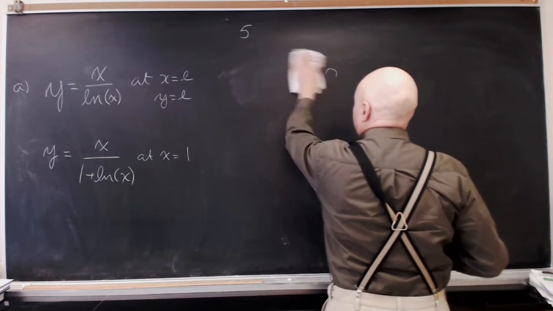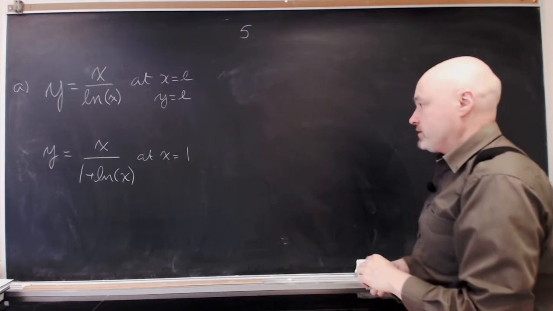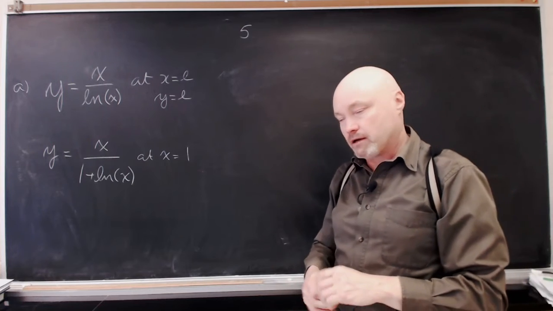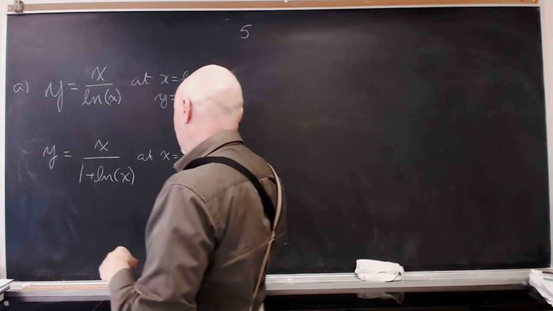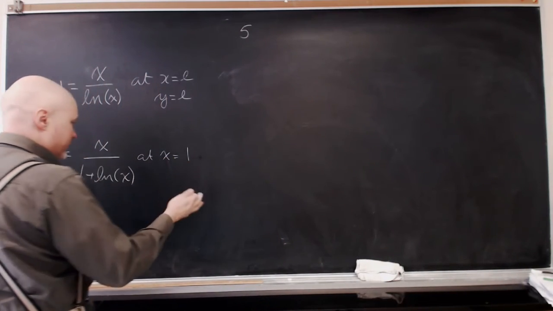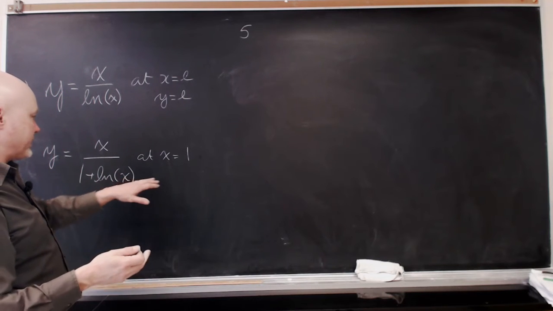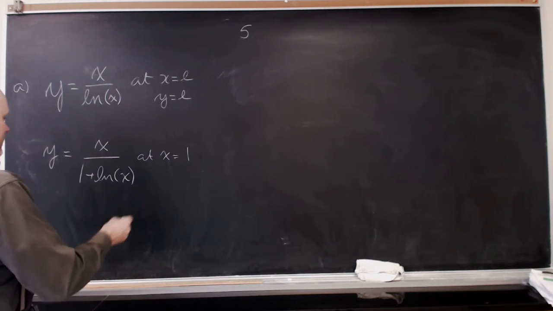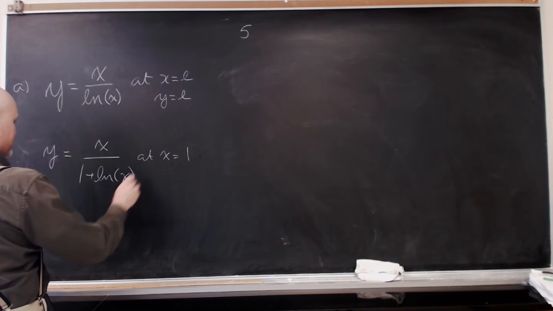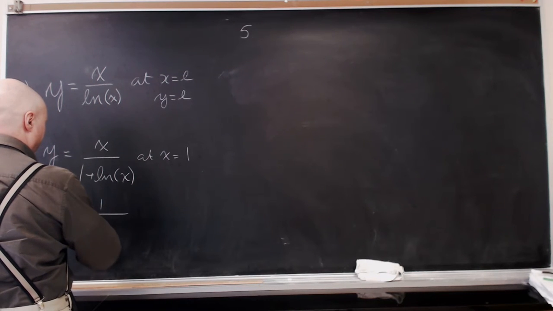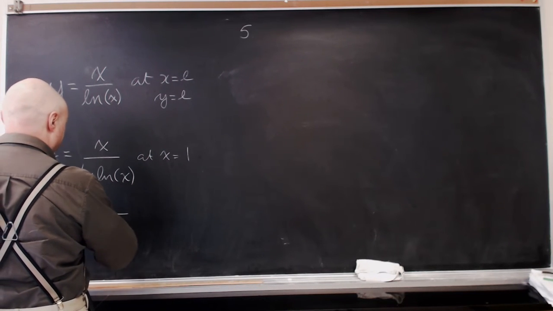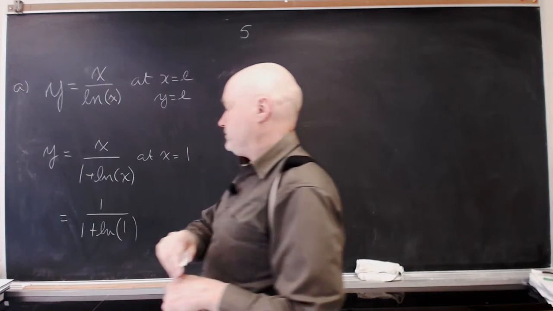The next one we can do largely the same way. There is a small trick in it, and maybe I'll just go over the trick to start with. When you go to find the y coordinate, you'll run into the first trick right away. X is equal to 1, and so y is going to be equal to 1 over 1 plus the natural log of 1.